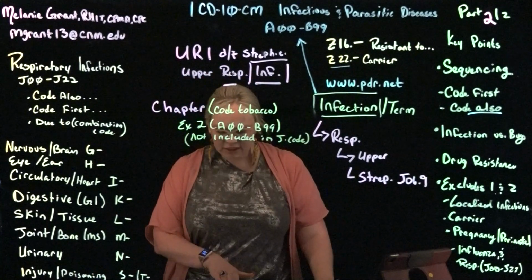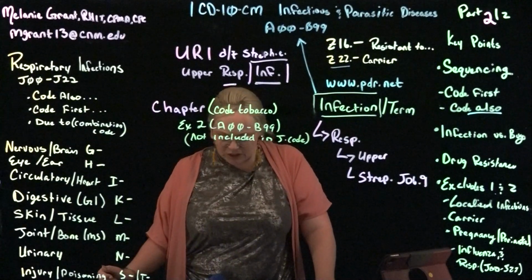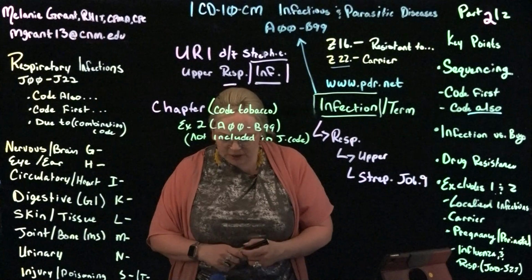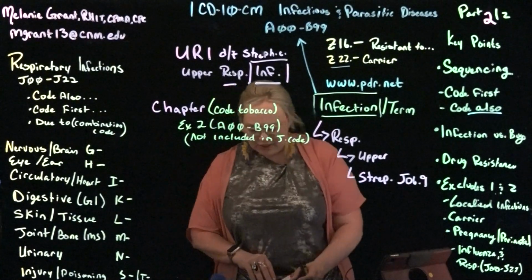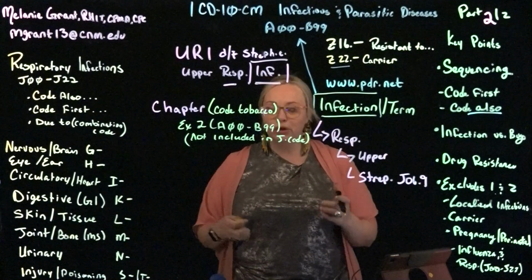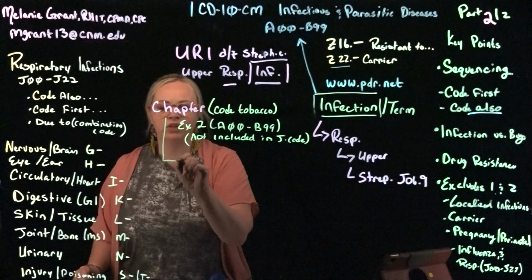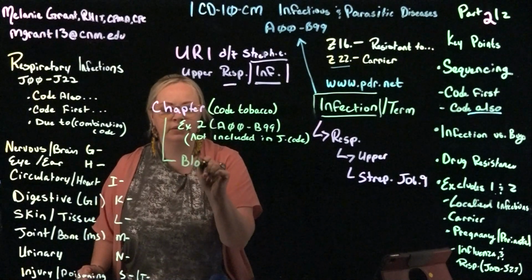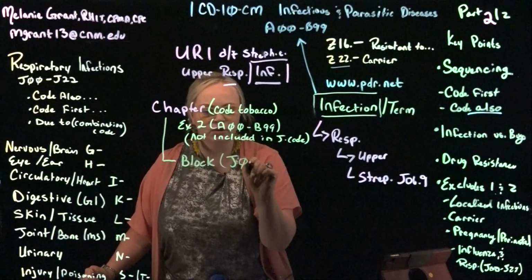So at that point, I can look at my block. J06 falls under the first block for J00 through J06 for acute upper respiratory infections. I want to look at that block and see if there's any exclude notes for the entire section. There is. So I go from the chapter to the block, which is at the beginning of J00.